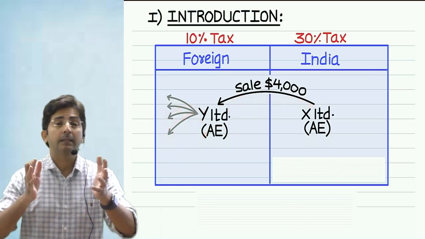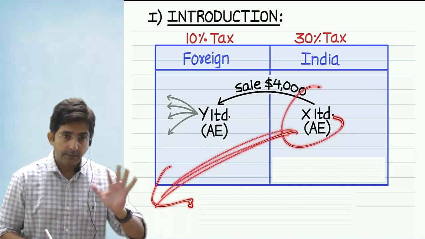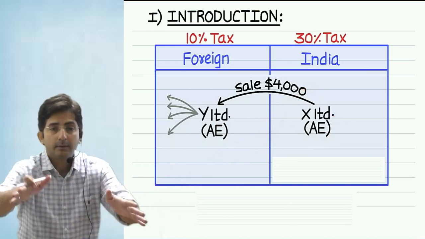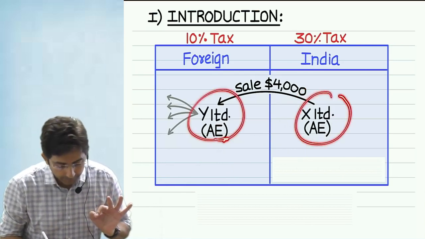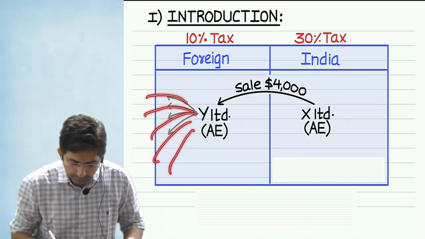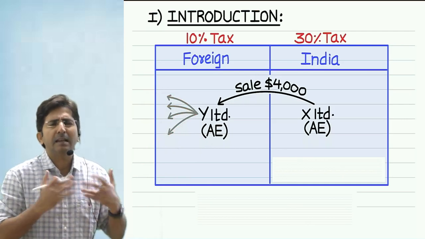Instead of selling the goods directly to the foreign customers, it is selling the goods via. What is via? Via means first it will sell to Y Limited, and then, tell me, what are these arrows? Yes, Y Limited is selling to the foreign customers, and customers are in lakhs.